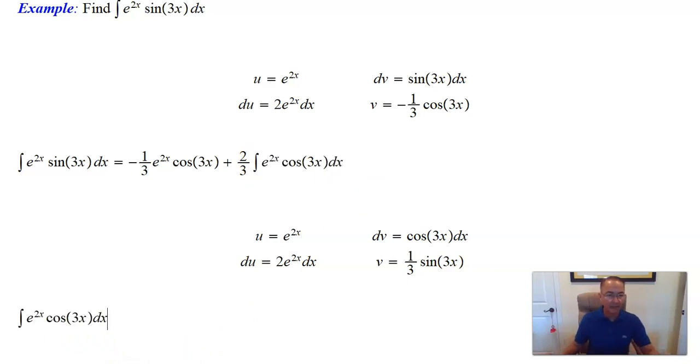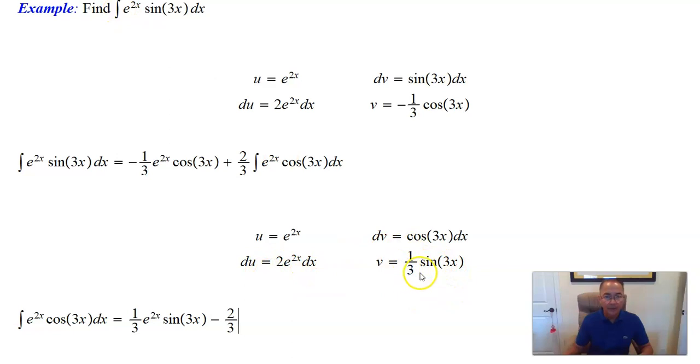So e to the 2x cosine 3x dx is u times v, so we will multiply these two together, and our u is e to the 2x, minus integral of v du. So minus of this product, v du, we will get a 2/3 just like before, but we will get an integral of v du.